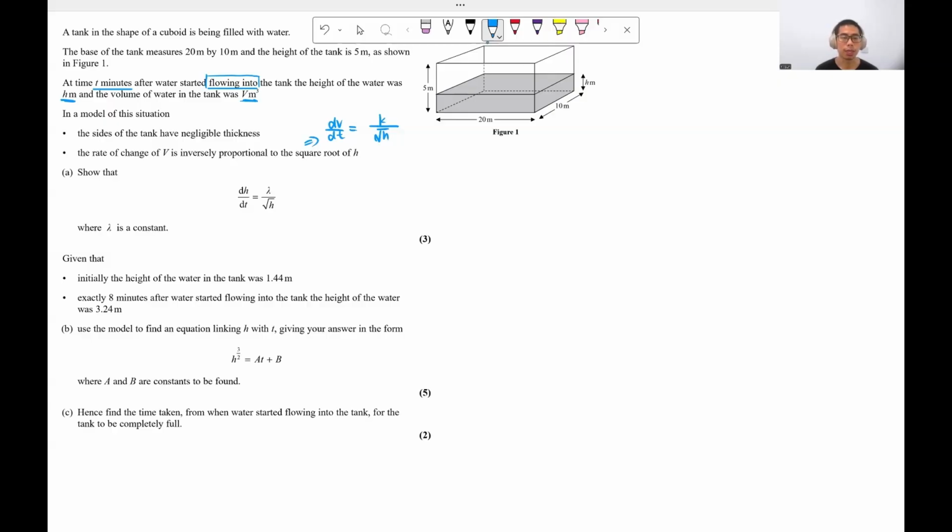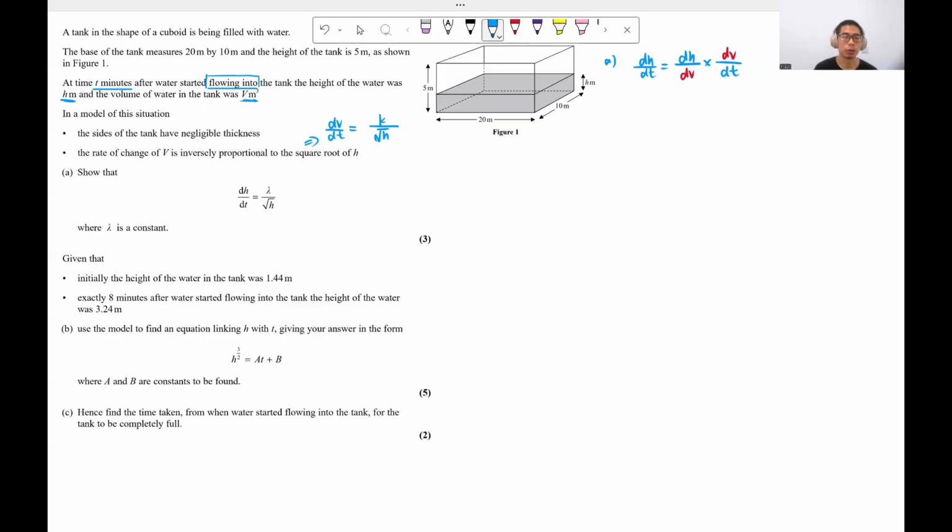Part A: show that dh/dt equals lambda root h, where lambda is a constant. For this one, we need to work out dh/dt, so we definitely need to use the chain rule. It has to be dh/dV times dV/dt, and we already know dV/dt. Then we need an equation for V in terms of h.